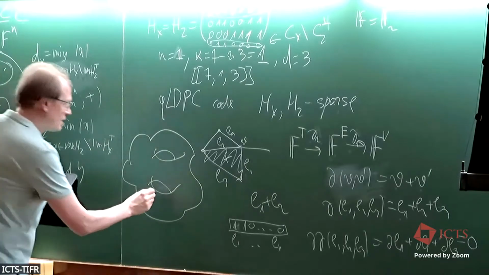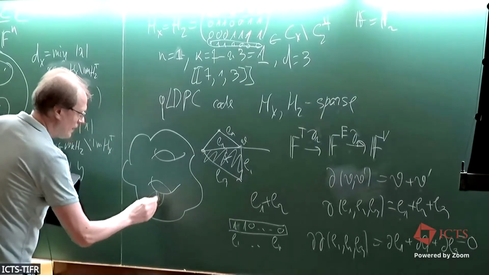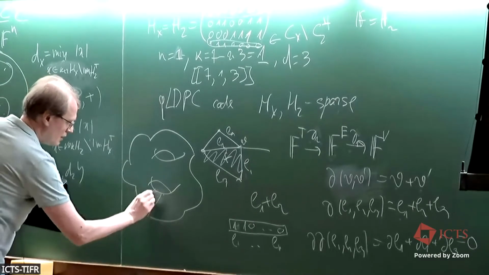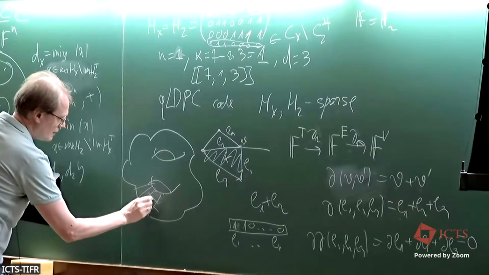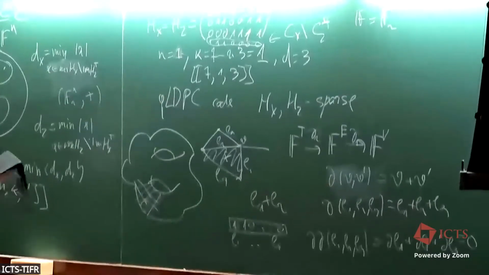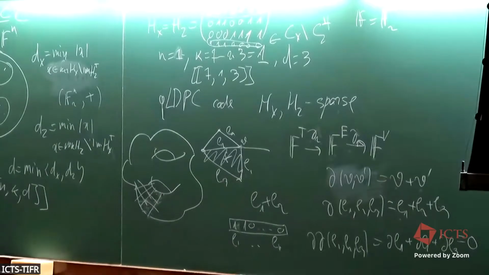So we can divide it into what are called cells. This is called a cellulation in algebraic topology. Then we can define this chain complex, and this chain complex gives you an example of a code.